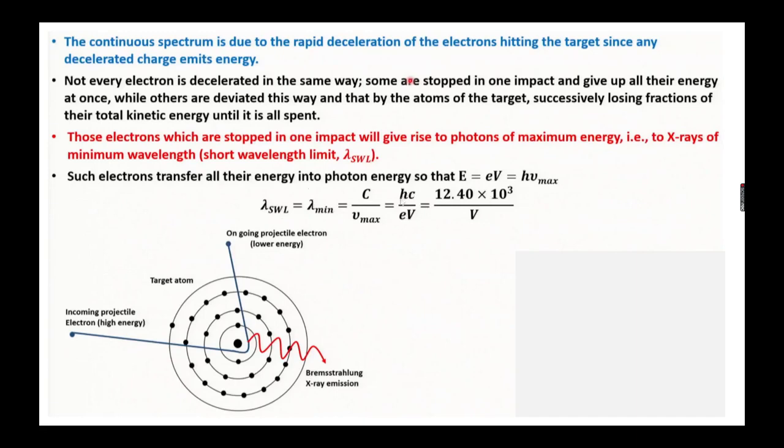When you put in all the values of h, c and e, it comes to around 12.40 into 10 to the power 3 upon V. V is given as 40 kilovolt, right? Then you just have to simply put in your value. Very simple.